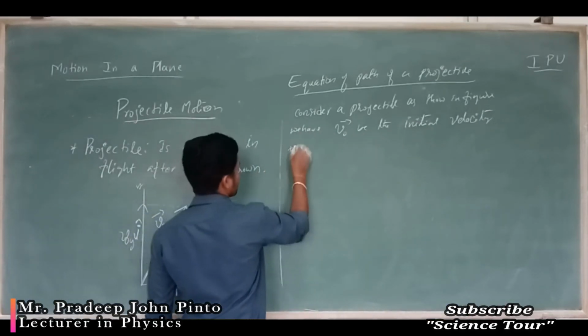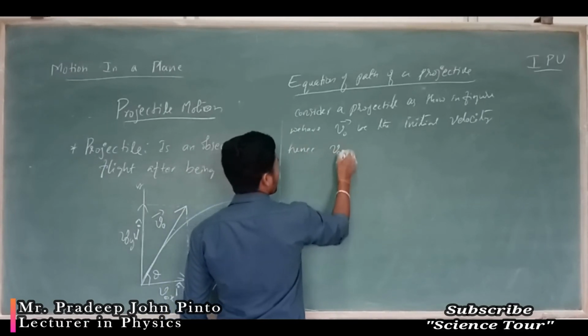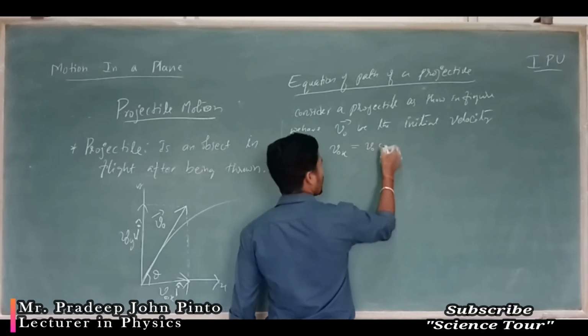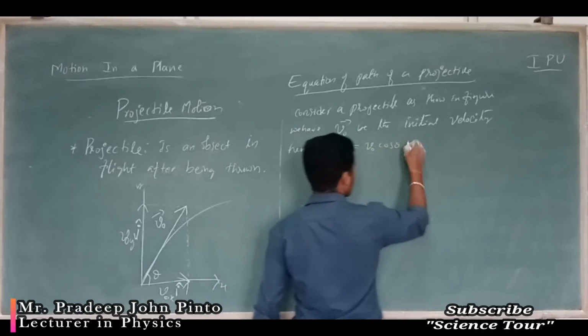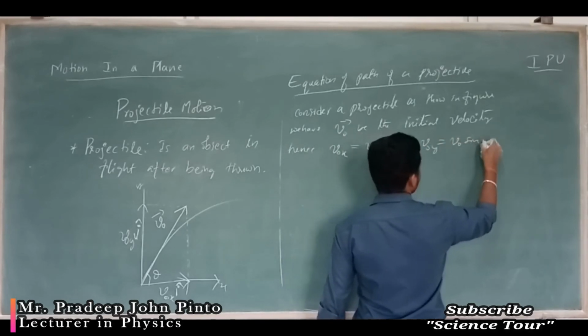Hence V naught x, that is the x component, can be given as V naught cos theta, and V naught y is equal to V naught sin theta.